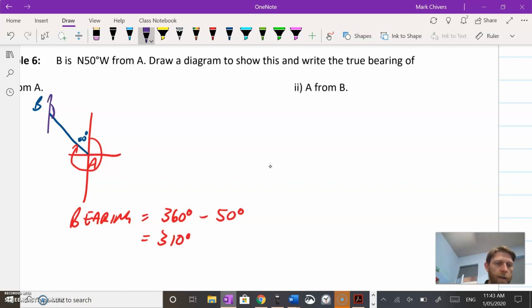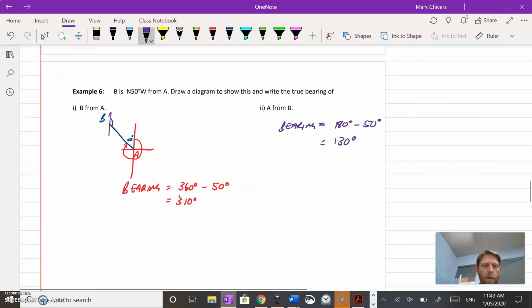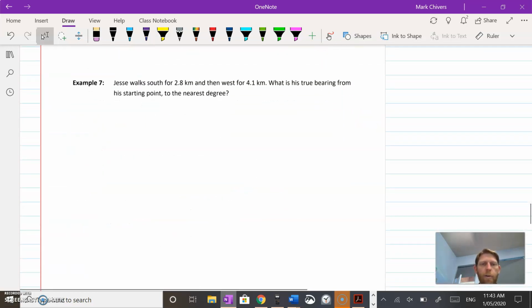I'm actually after this angle in here, which is co-interior, so my bearing is going to be 180 degrees minus 50 degrees, which is co-interior to that angle, and that gives me my bearing, so that's 130 degrees. That's how those are done, and I'll do a second video for the ones that involve trigonometry to solve.